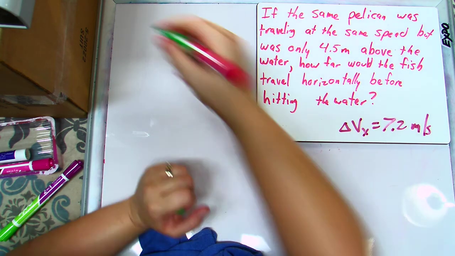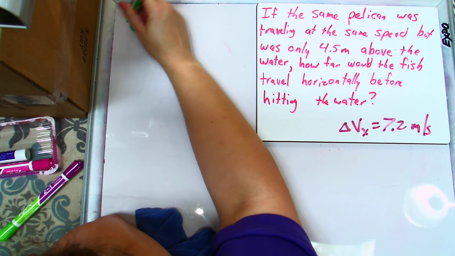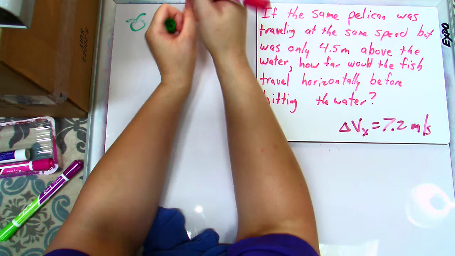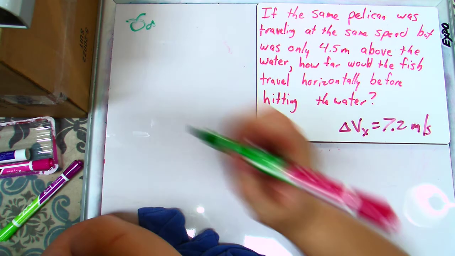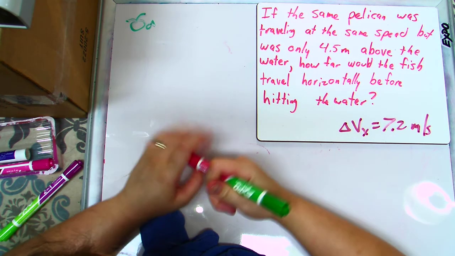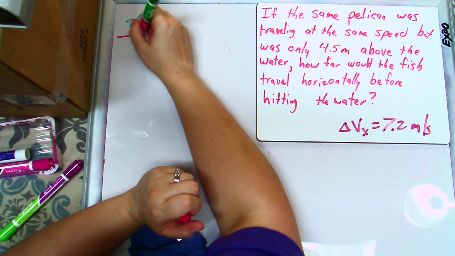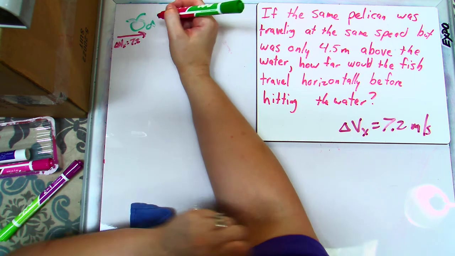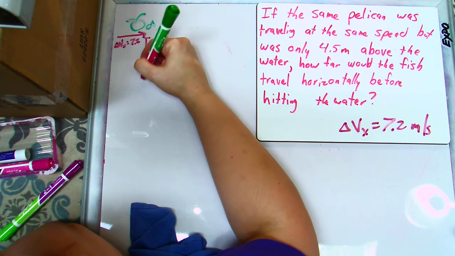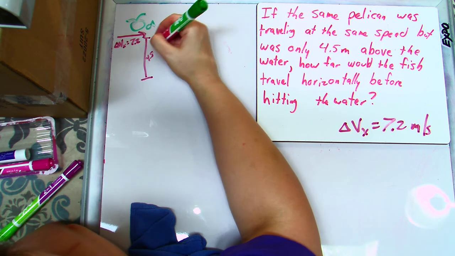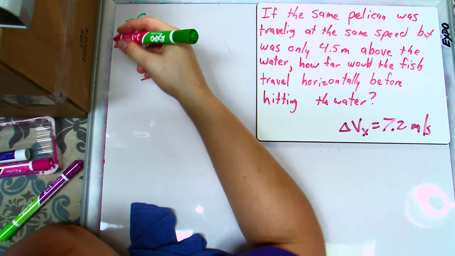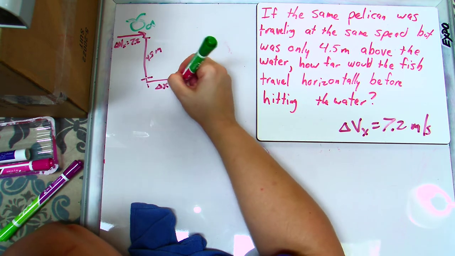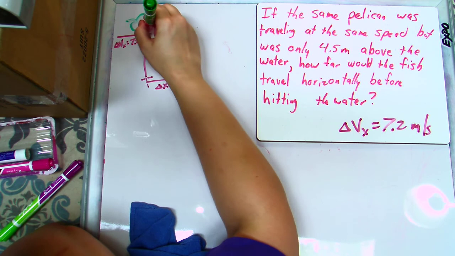We'll go back to make our little diagram. Got the birdie, and he's carrying the fishy. We know that he is traveling with a velocity of 7.2 meters per second. This time he is only 4.5 meters above the water, and we want to know how far he moves before the fish hits the water.